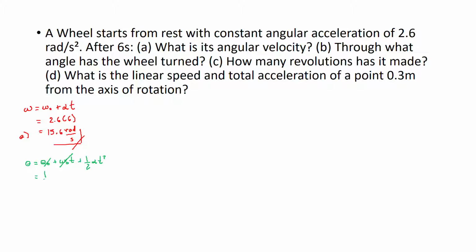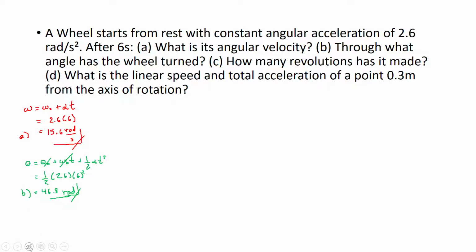So we're just left with a half of 2.6 times 6 squared, and that's going to be 46.8 radians. Yes, that's part B.